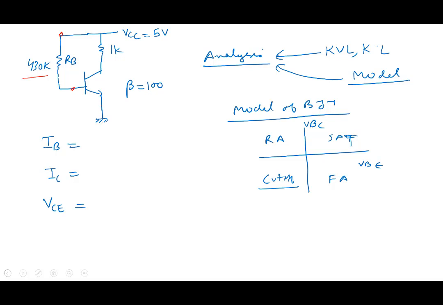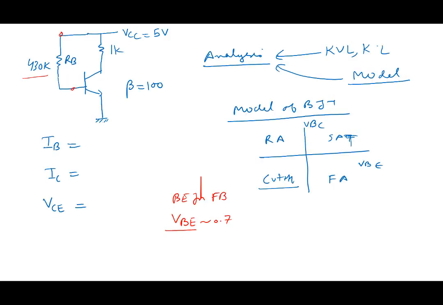So what I know, by looking at this, is that my VBE will be 0.7, or base emitter junction is forward bias.